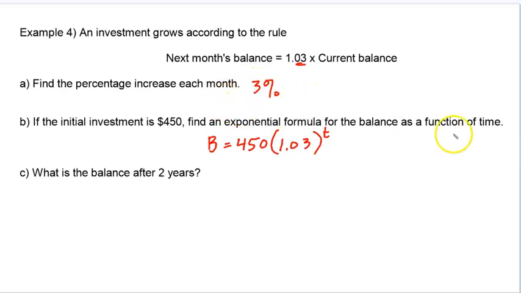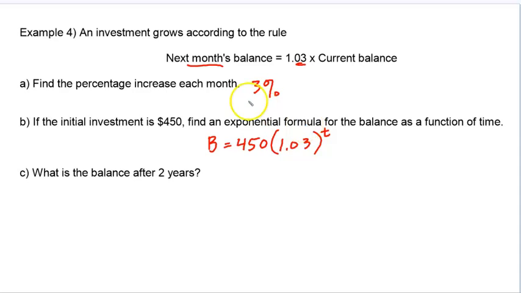Okay, oh, I'm sorry, this is months, so you got to be careful. We're told that this is the percentage increase each month. That's what T represents. All right, and so what is the balance after 2 years?